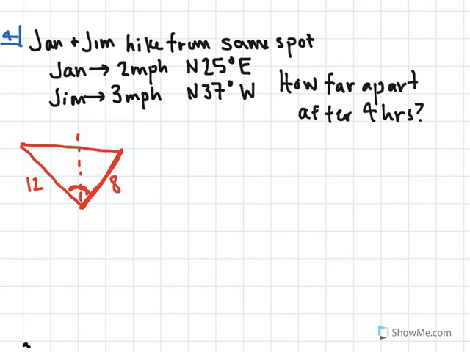So we have this angle A, which would be 25 degrees plus 37 degrees, which is equal to 62 degrees.